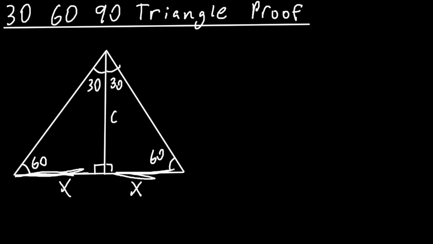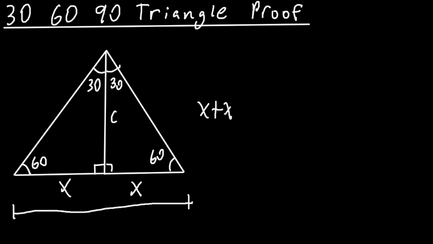So what would be the length of this entire side? Well, it would be x plus x, so this will end up being 2x. Since this is an equilateral triangle, they all have the same side lengths, so this is also going to be 2x, and this is also going to be 2x.